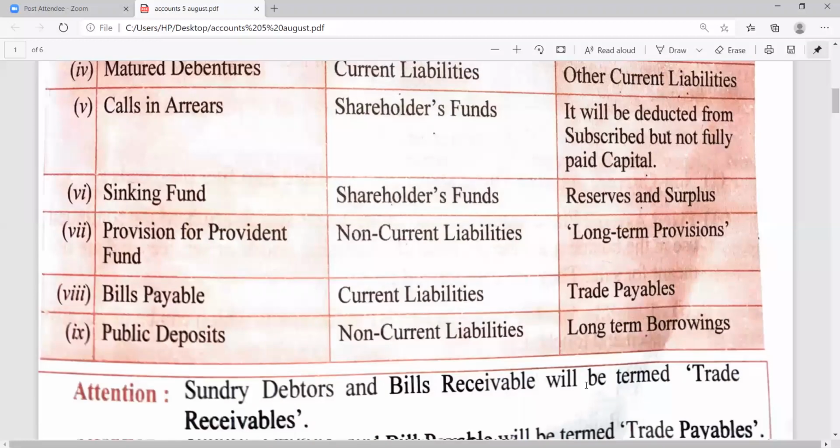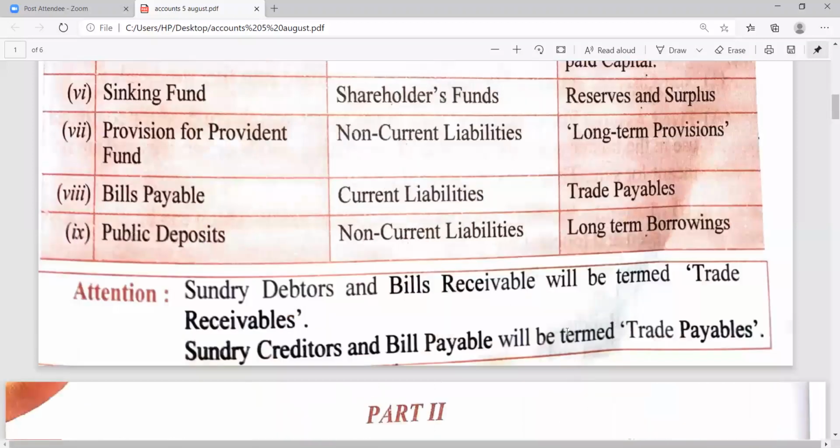Now, sundry debtors and bills receivable are termed as trade receivables. Sundry creditors and bills payable are termed as trade payables. Please always keep in mind, we did this concept in 11th standard, chapter number 2, basic accounting terms, if you remember. The debtors and bills receivable are termed as trade receivables, while the creditors and bills payable are termed as trade payables.